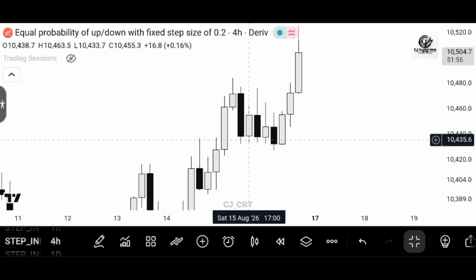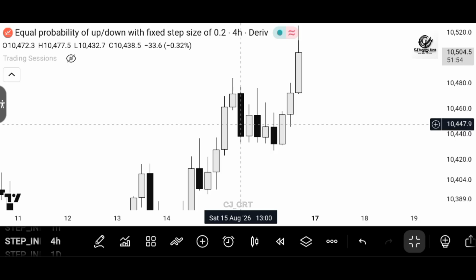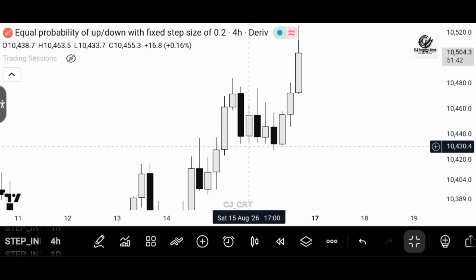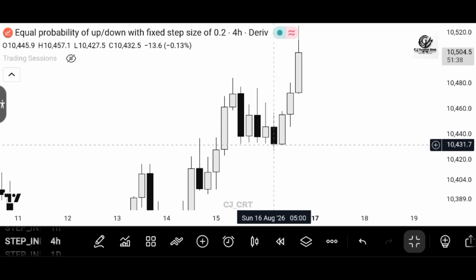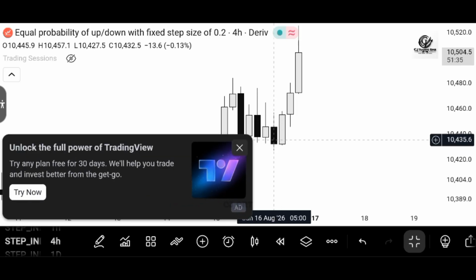You have this 4H CRT candle. If price approaches the CRT low and runs below it, we can watch how price behaves after that liquidity is taken.